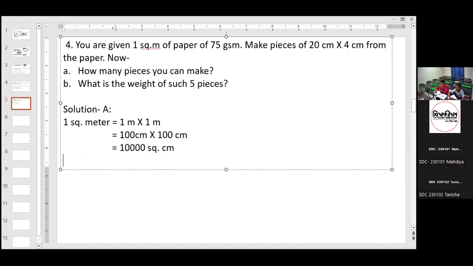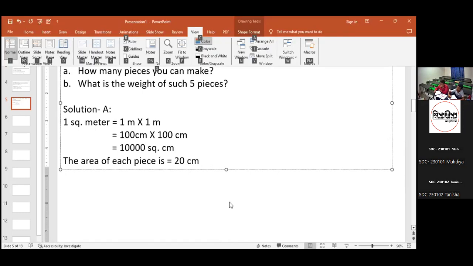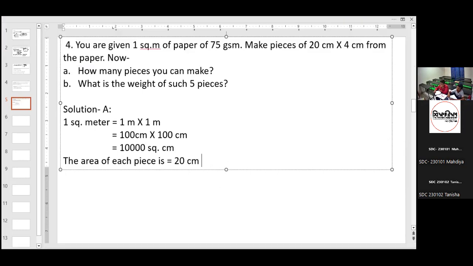Now find the area of each piece. The area of each piece is 20 centimeter multiplied by 4 centimeter, that is 80 square centimeter, right?